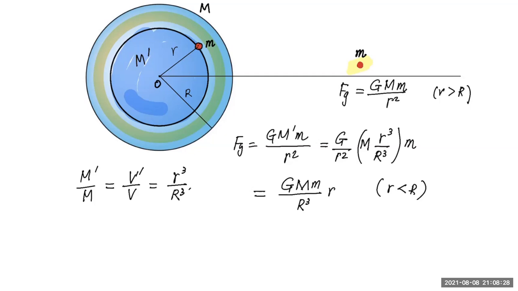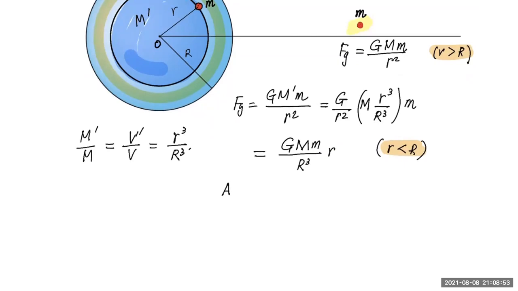These two expressions for the force outside and the force inside are very different, right? One is 1 over r squared. The other is r to the first power, a linearly increasing force. But interestingly enough, what happens on the surface of this sphere? On the surface, that is at r equals big R, these two forces actually become equal.